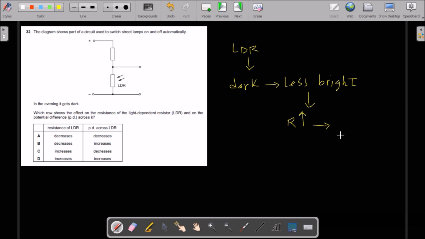When resistance of LDR increases, then the most portion of PD will reach the LDR.